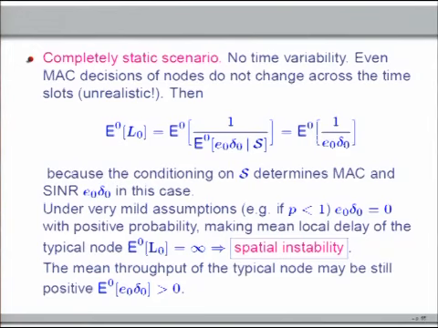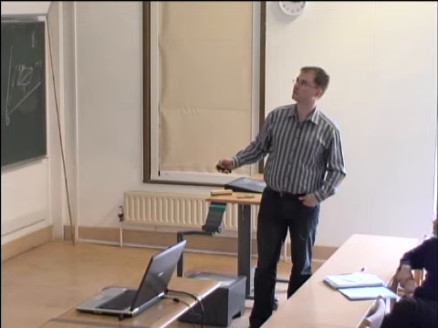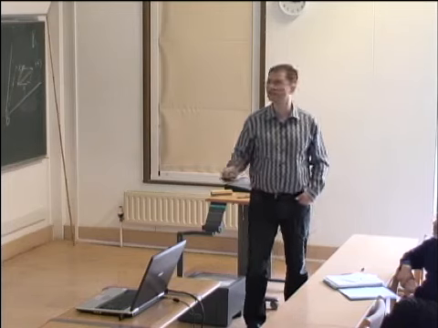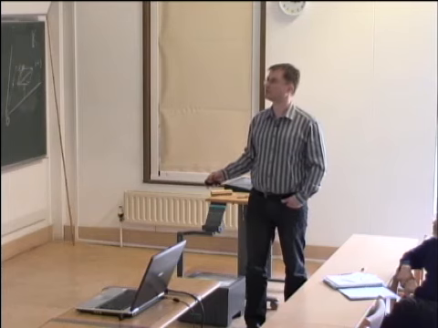If you take the expectation given all the information, it's nothing else than the random variable itself. So the whole conditioning is at this level. And look, it's enough that the probability that E0, medium access, is smaller than 1. So with small probability this might be 0, and this then is immediately infinite. So in this kind of static scenario, the network is always unstable.